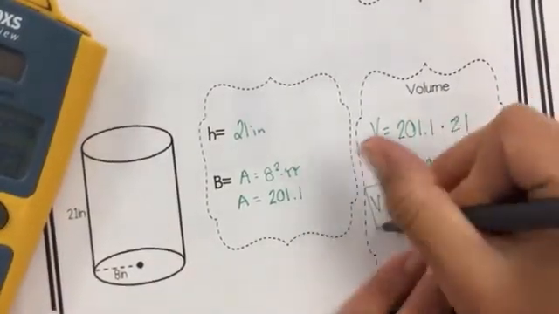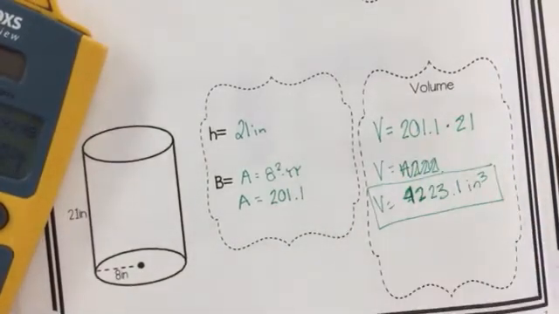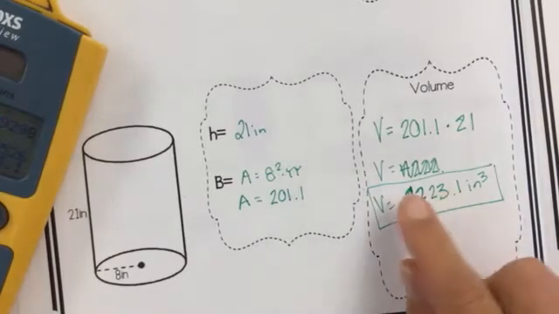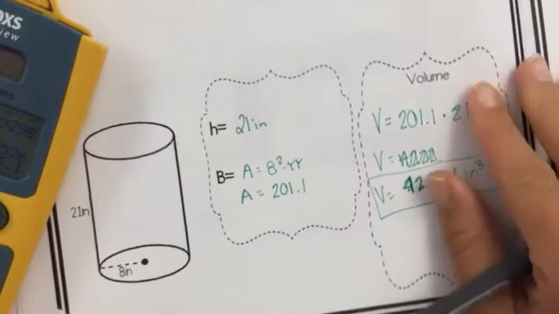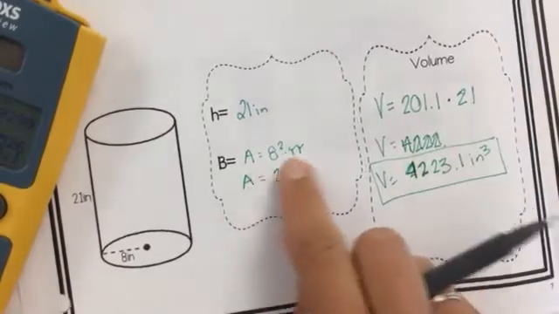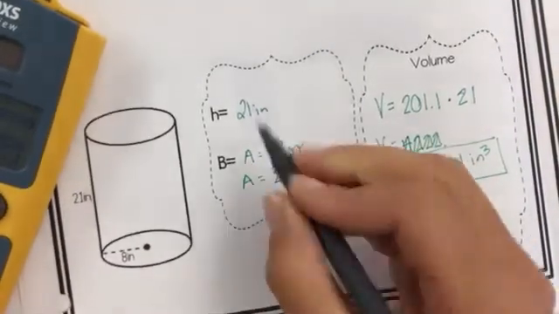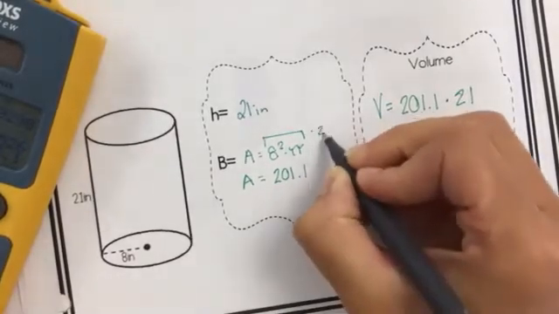Okay, so here is the question I have for you. If you know that the volume is found by taking the area of the base times the height, could we do it all in one step? Yeah, okay. So if we know that this is our formula for the base, couldn't we just take that times 21?